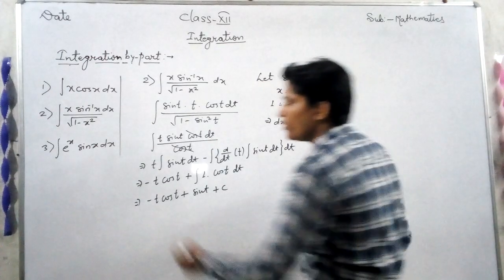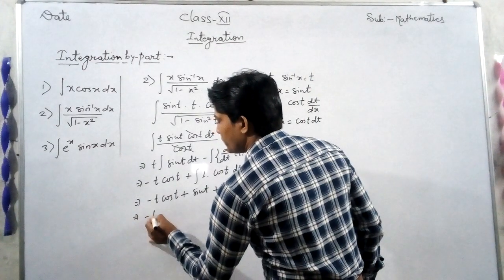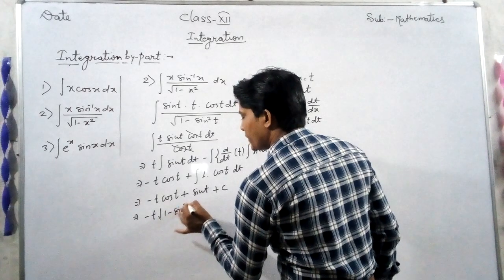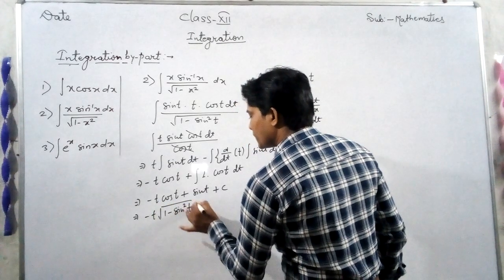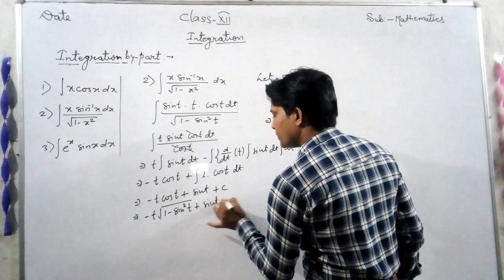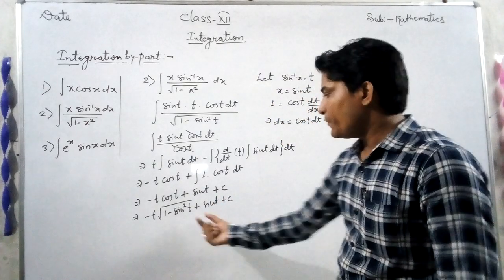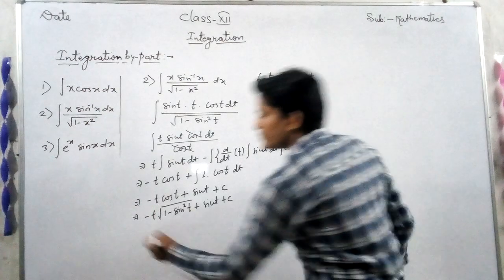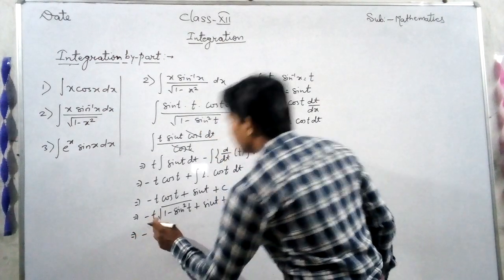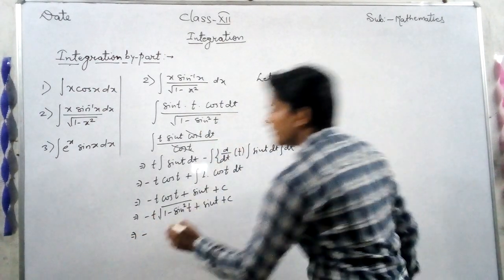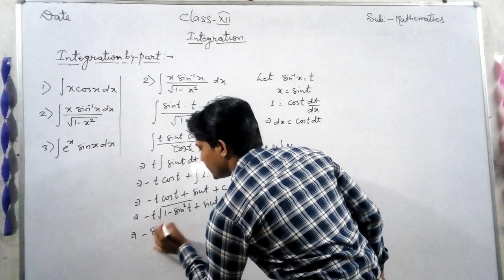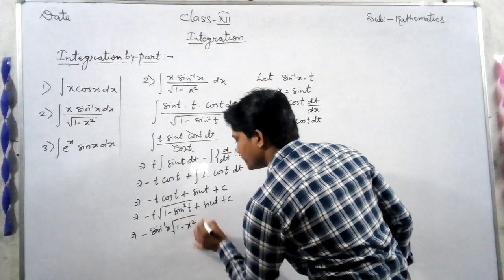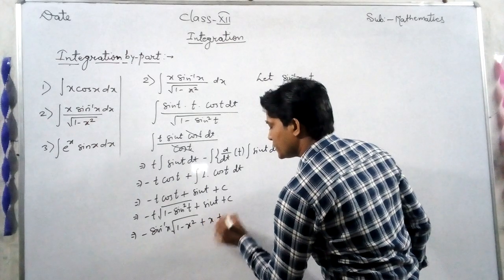So if we solve all the steps, minus t cos t, we can write as under root of 1 minus sin square t, plus sin t plus c. Applying all the terms as we assumed, t means sin inverse x, that is sin inverse x root of 1 minus x square plus x plus c.